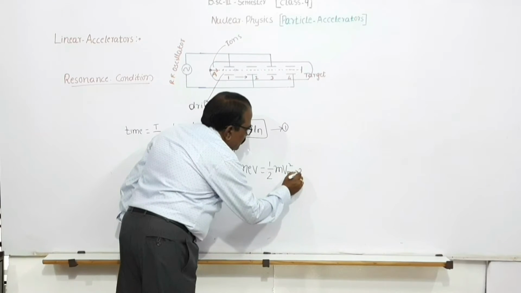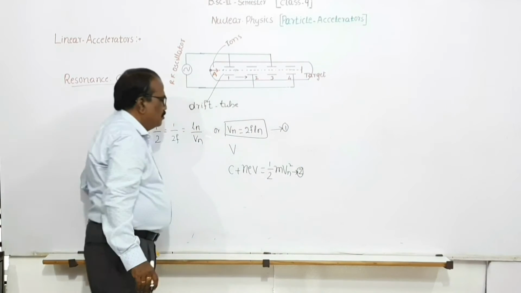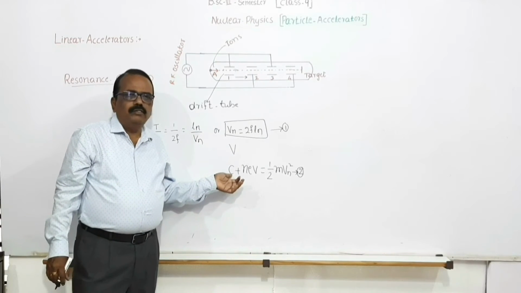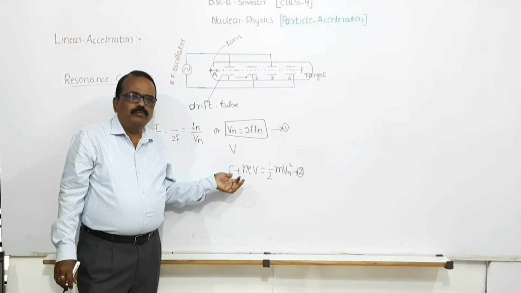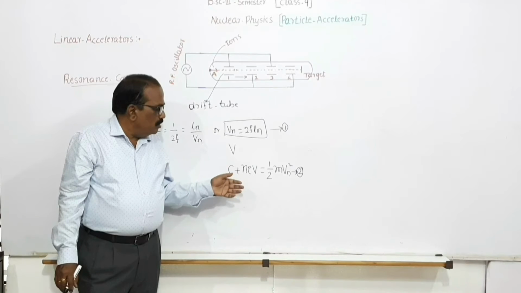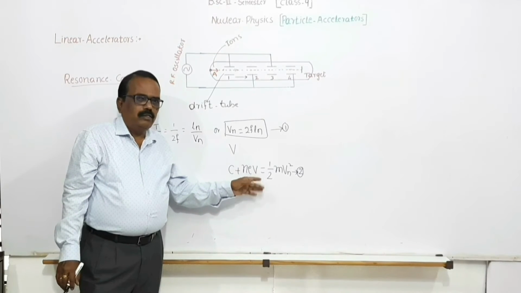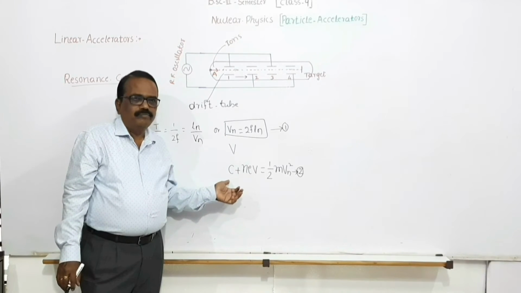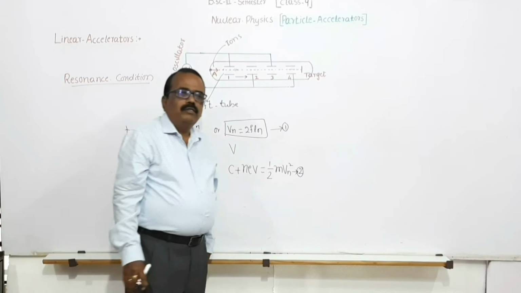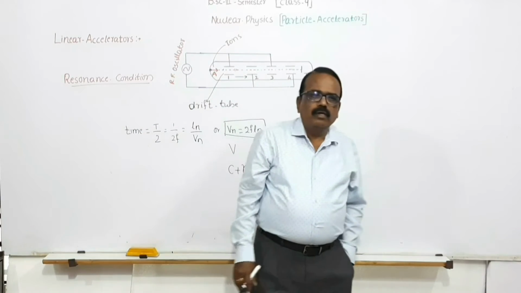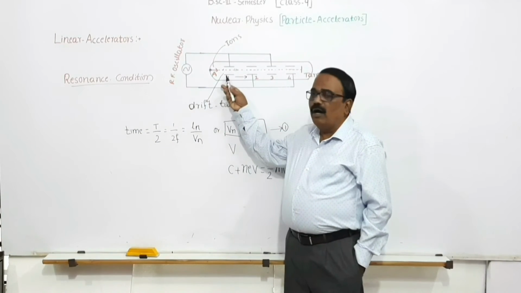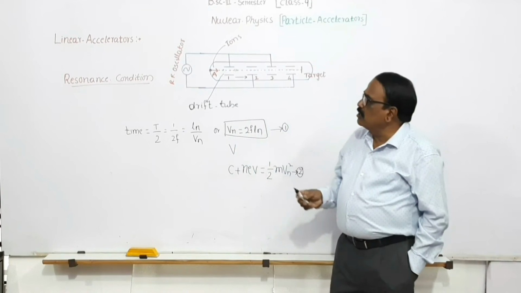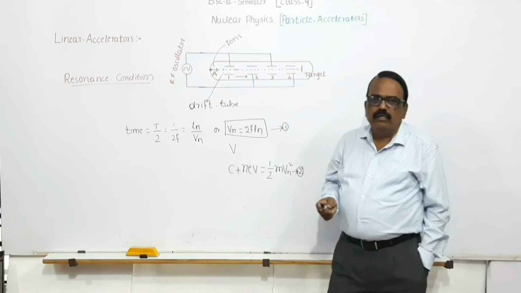Call this equation 2, where C is a constant and is put to take into account the finite injection energy and the fact that the first gap has only half of the accelerating potential V.